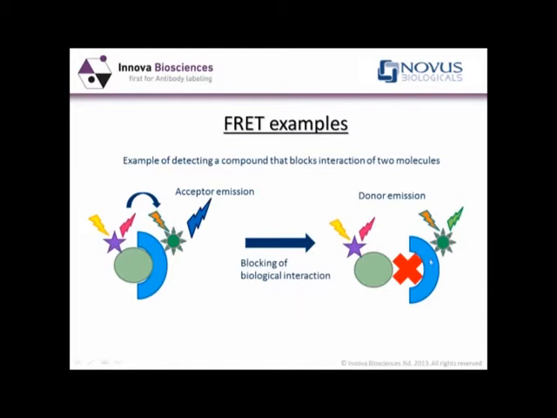If you can block that biological interaction, perhaps with another drug, you can then see that FRET will stop, the acceptor emission will be lost, and you will be having as a readout increasing levels of donor emission. In this way you can screen for drugs that will block biological interactions.